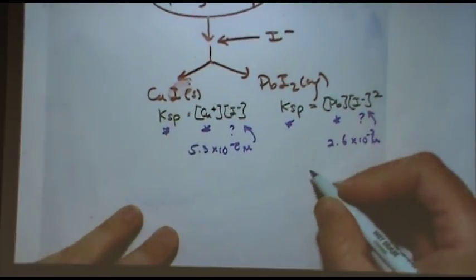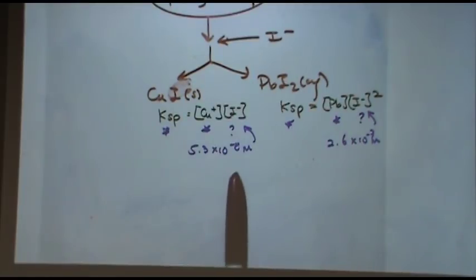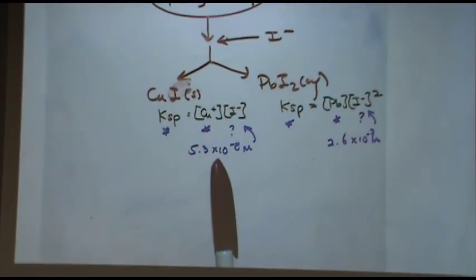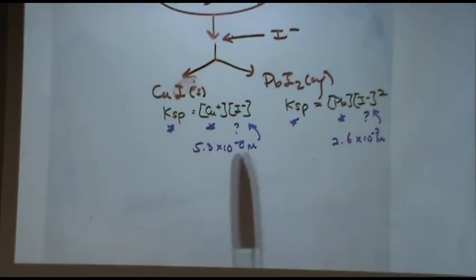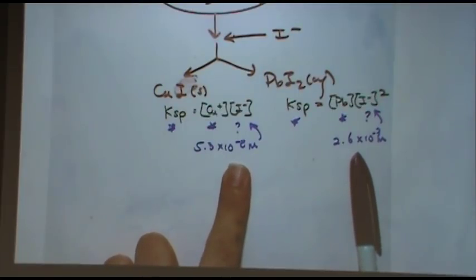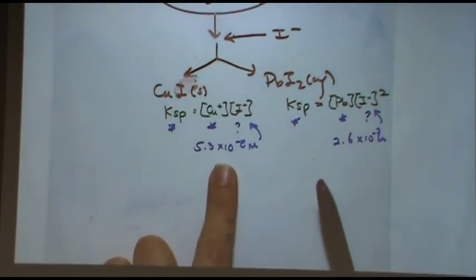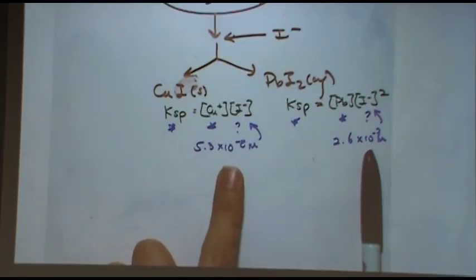So this one precipitates first because it has the smaller number, minus 8 versus 10 to the minus 3. I need to add the amount of iodine that is between these two numbers to cause the one on the left to precipitate and this one to not.